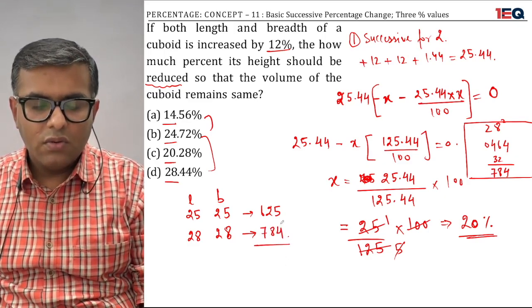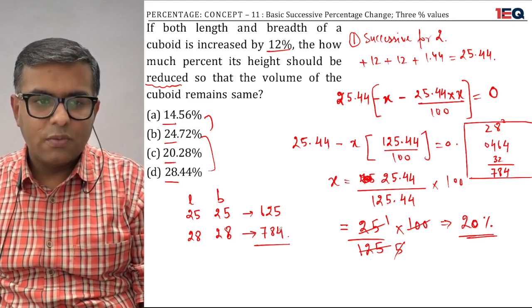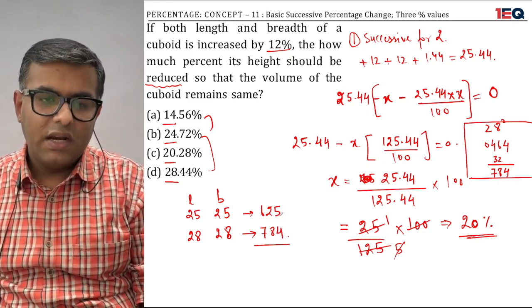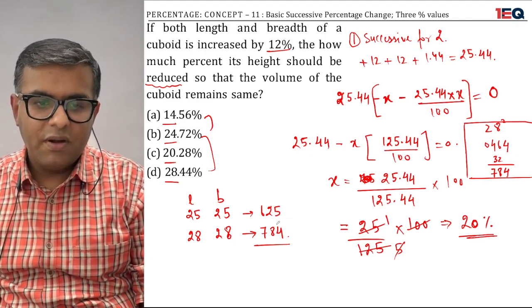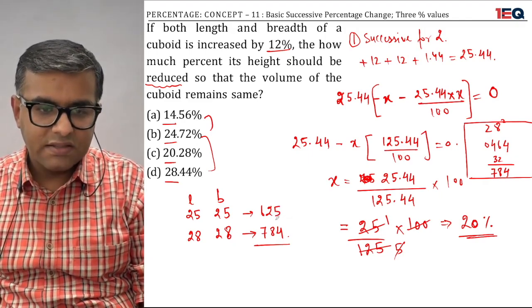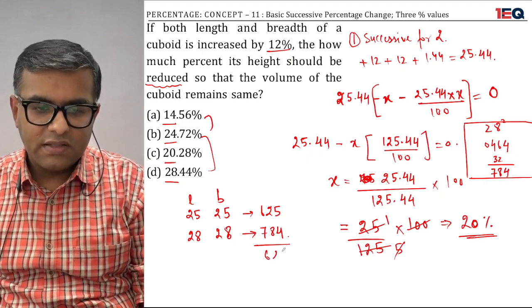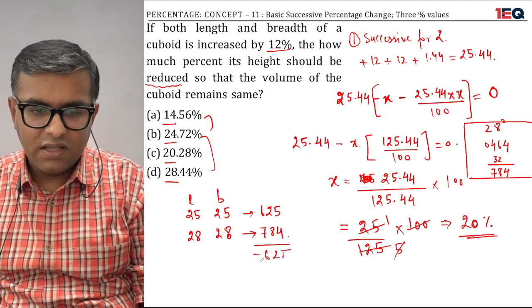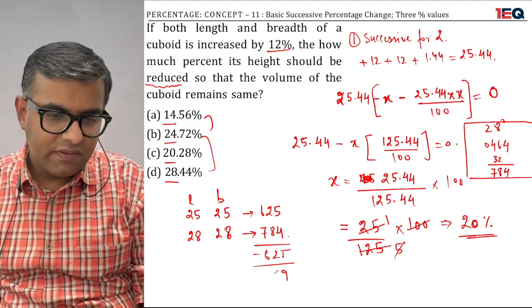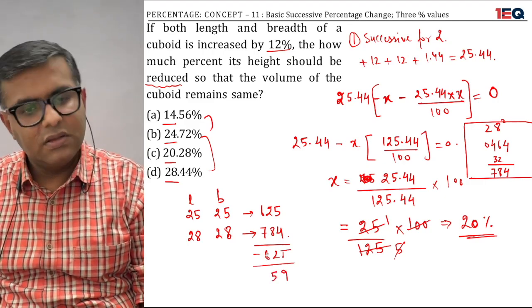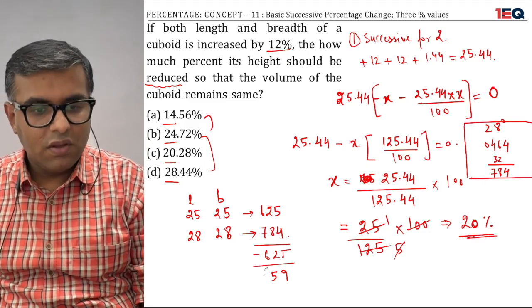Okay, now this 784 needs to be reduced in such a manner that no change in volume comes up. Now I'll have to find out the gap between 784 and 625. Okay, I'm gonna write 625 over here and say minus. This is 9 and 7 minus 2 is 5 and this is gonna be 1.